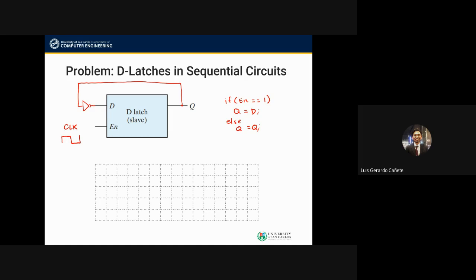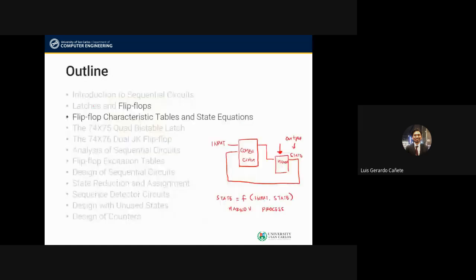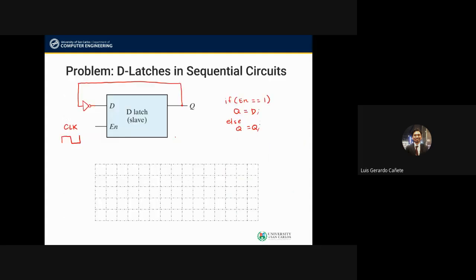So let's go back and review. This is your memory device. This is our state. We take that, we go back, and then we apply it to our combinational circuit. And we also have an input, but in this case, I'm disregarding the input. We don't have an input for this system, but what we do have is the feedback path, and this is our combinational circuit, right?